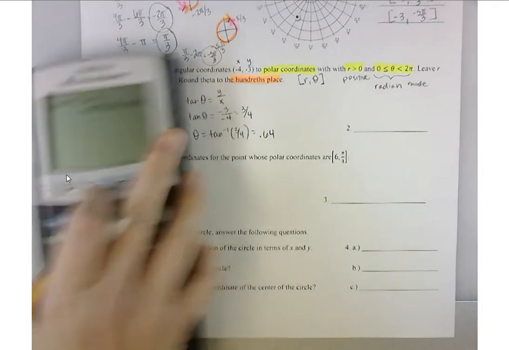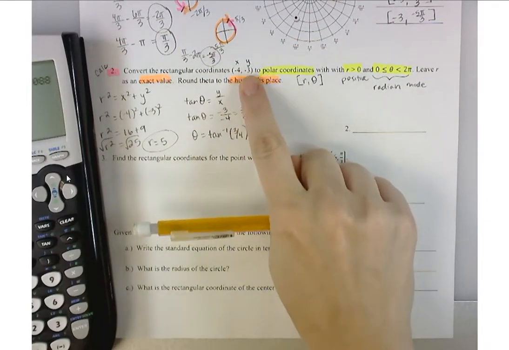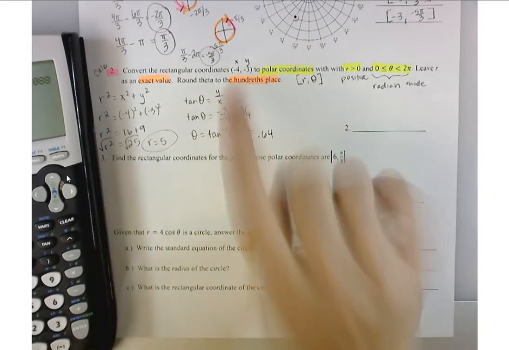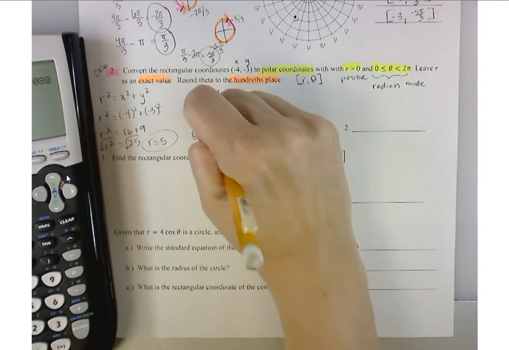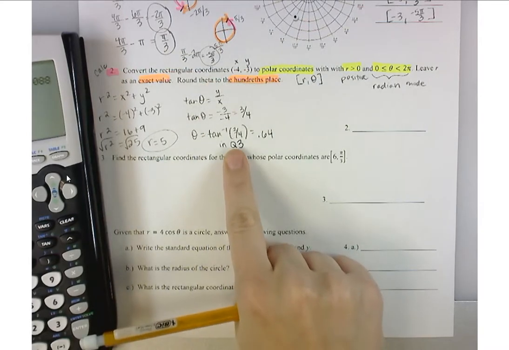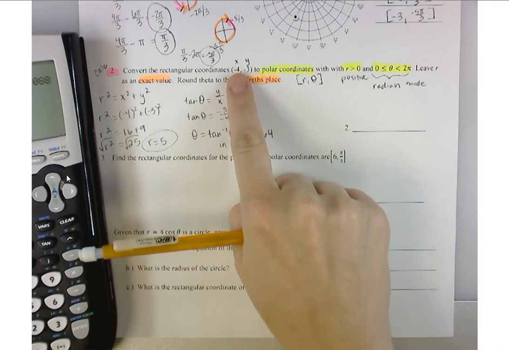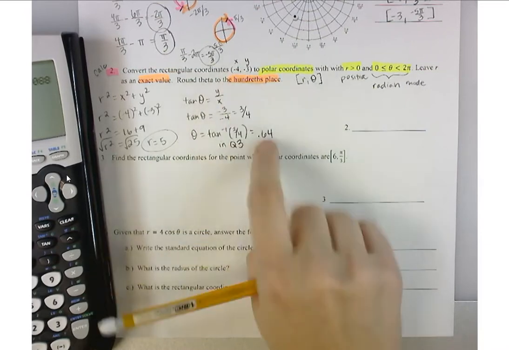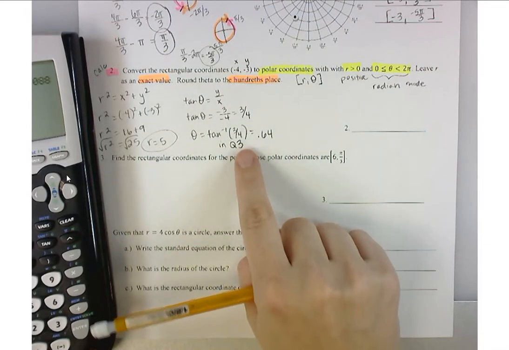Now, if I look back at my point, I have a negative, negative, which means that it resides in quadrant 3. So I have to find this value for theta in quadrant 3 because of this point. Is 0.64 in quadrant 3?